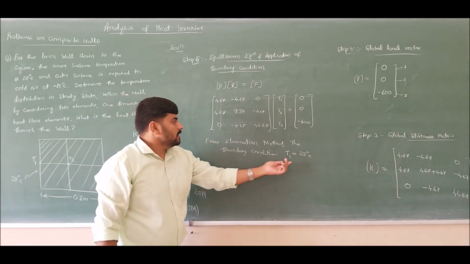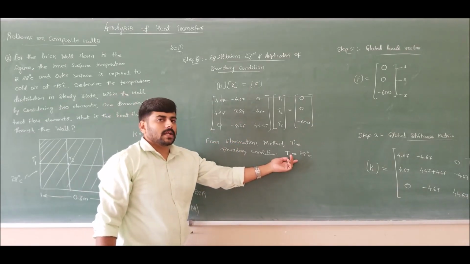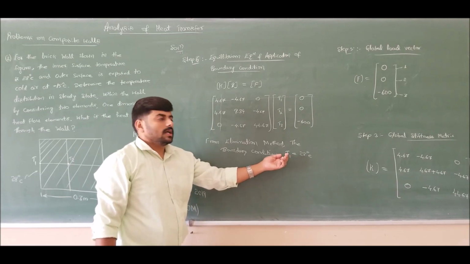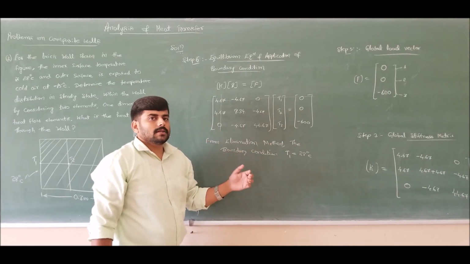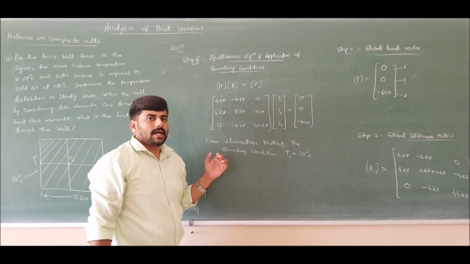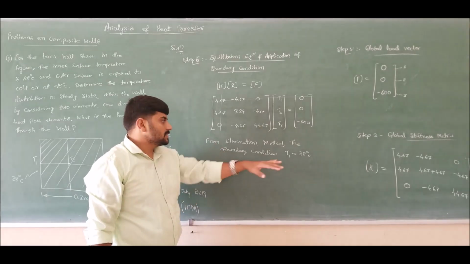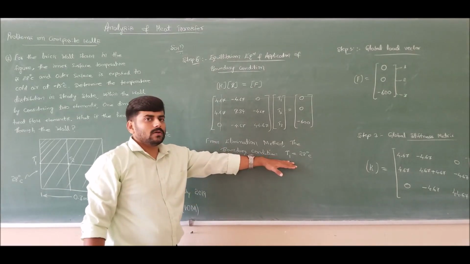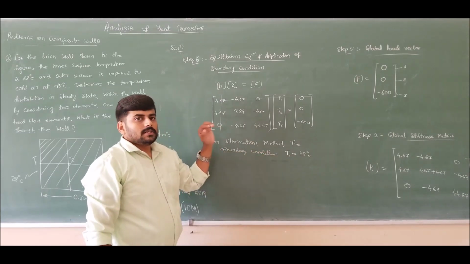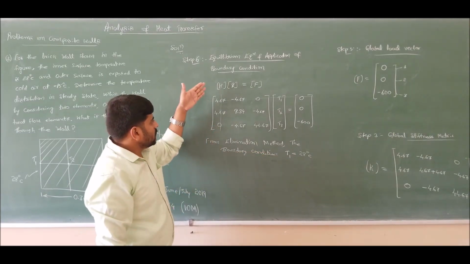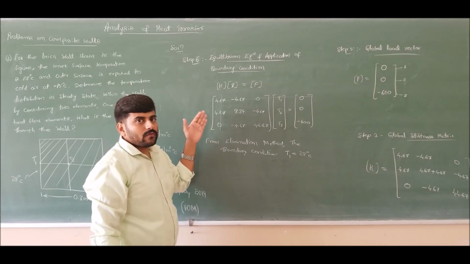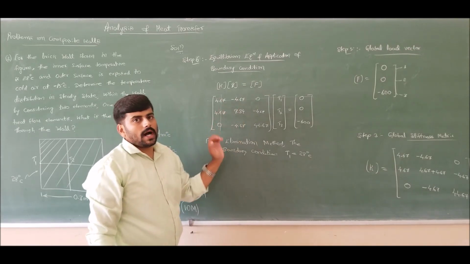since the value of T1 or the temperature is not equal to 0, like the cases in analysis of bars and analysis of trusses and beams. Since the value is not equal to 0, multiply the values of the column we should get rid of with the matrix B and take it to RHS.